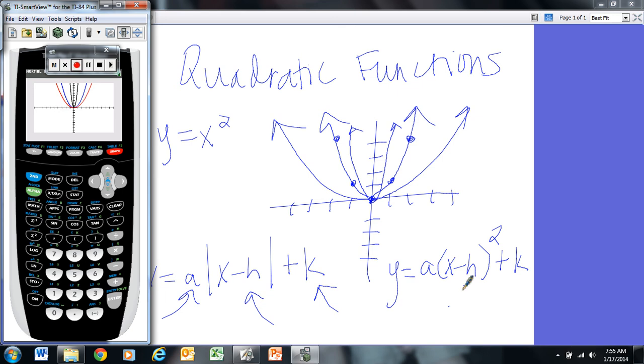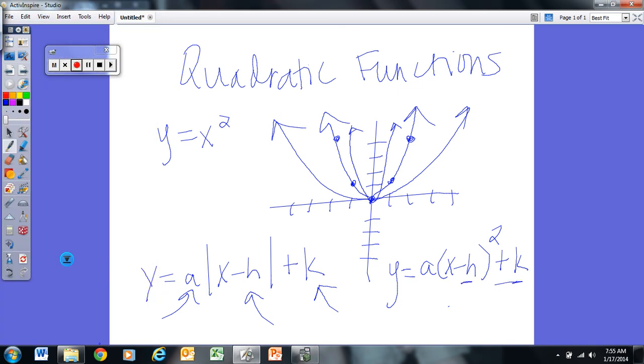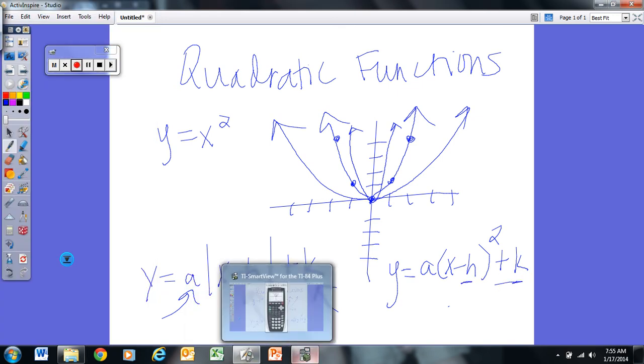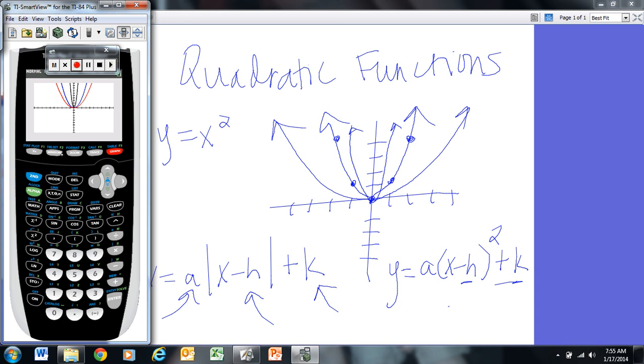The other thing we have to talk about is these things, h and k. When I put a number in the parentheses, it's going to move the original graph left and right. So for instance, if I go x minus 4 squared, that is going to move the graph 4 units to the right because it's the opposite of the sign inside.